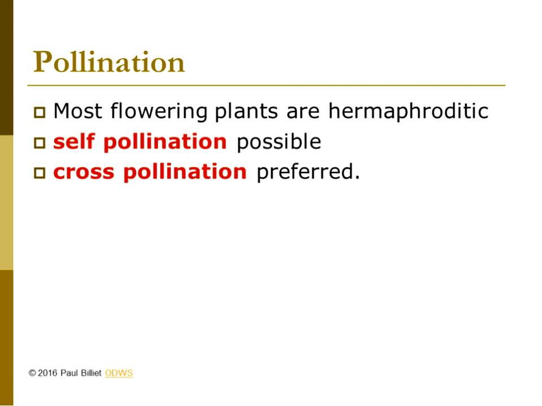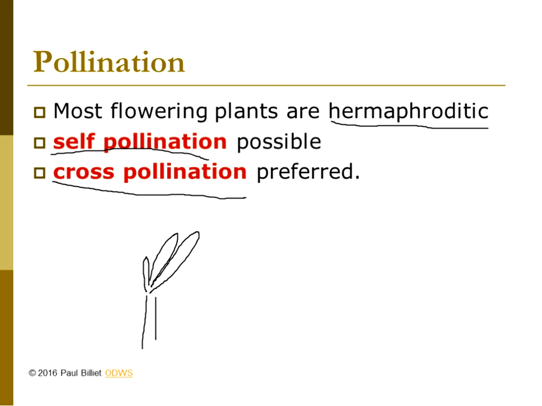More about pollination. Most flowering plants are hermaphroditic, which means they can self-pollinate or cross-pollinate. So we have a flower here. Try my best to draw a flower. Okay, and we have a flower over here.